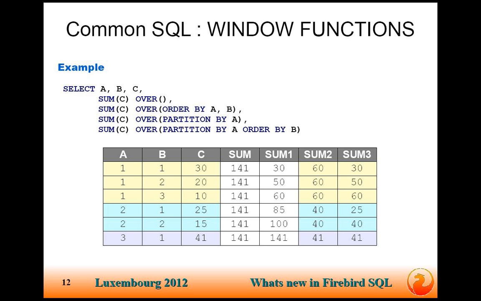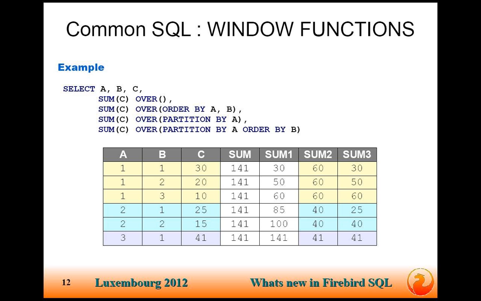So if you look at the first column, named sum, you see that it has the sum of the values of column C in every row. This is expected. So you could use it, for example, to calculate the percent of the value of column C over the whole result set, if you divide one by the other.